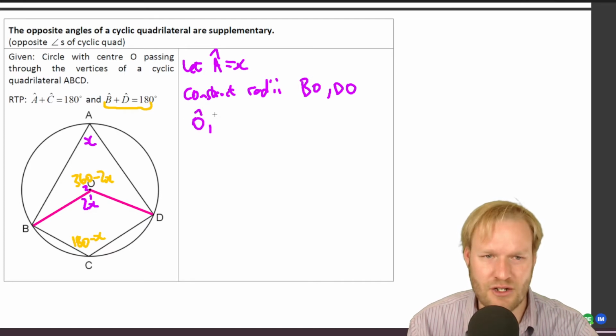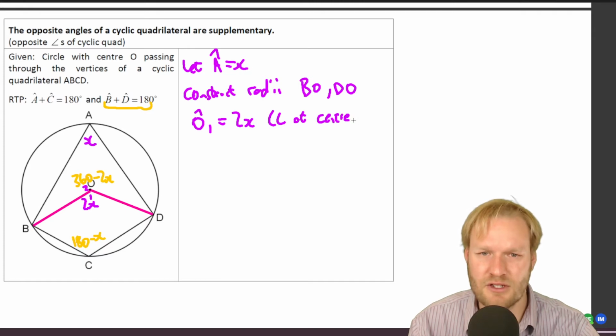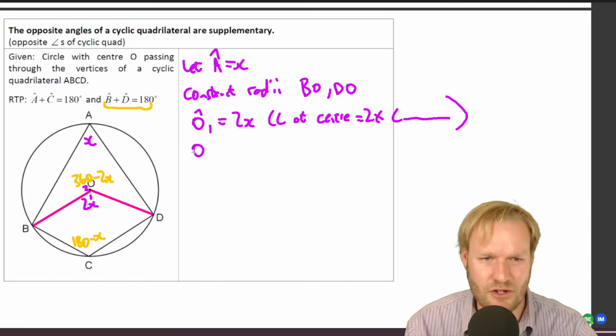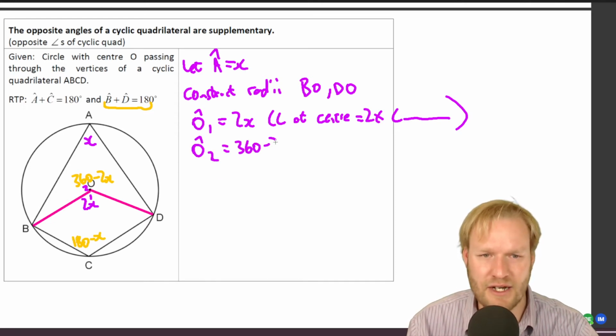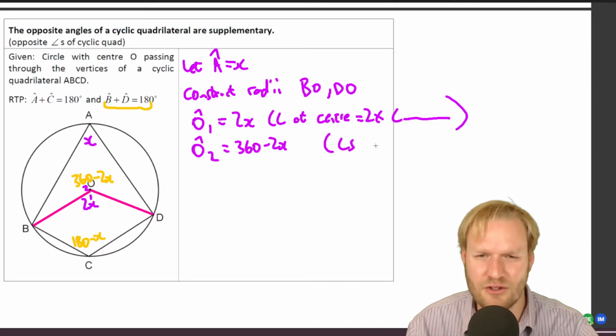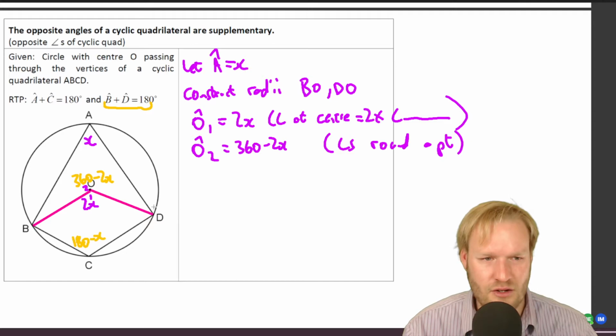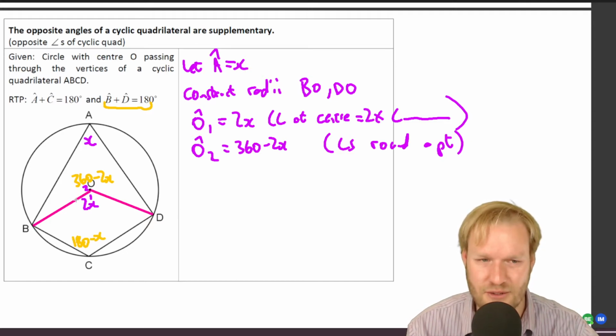You could call that O1 equals 2x, angle at center equals 2 times angle at circumference. And we've got O2 equals 360 minus 2x because of angles round a point, or you may have used revolution. And if you wanted to call this angle BOD or DOB, maybe you would have called this BOD and the other one reflex BOD. That's also a way to reference those.